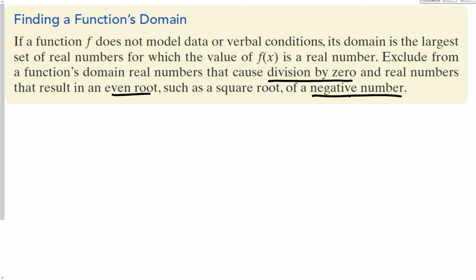Odd roots of negative numbers are okay; even roots are not. So when we look for a function's domain, we're just going to say the domain of this function is all real numbers, unless we have division by 0 or square roots or other even roots of negative numbers.